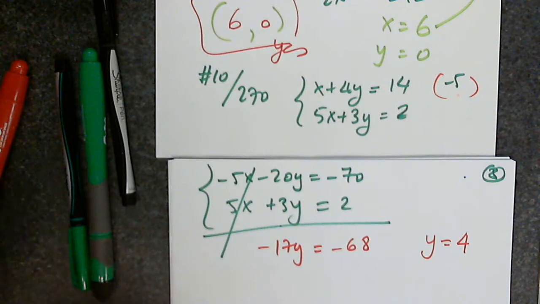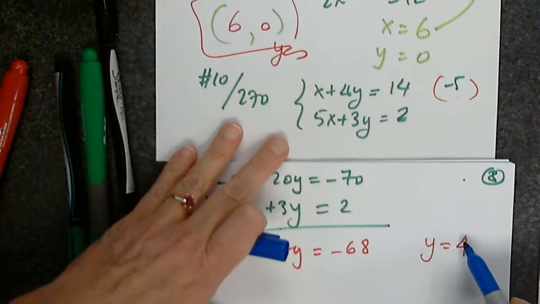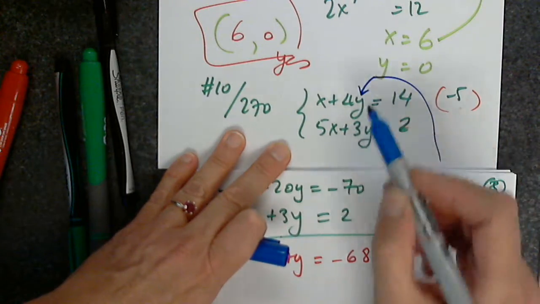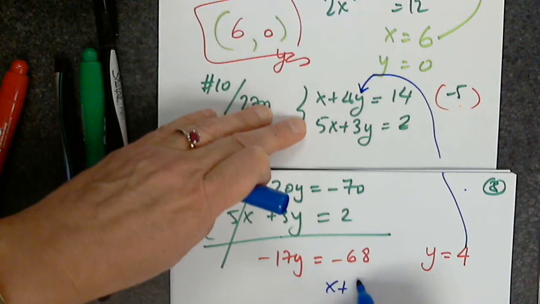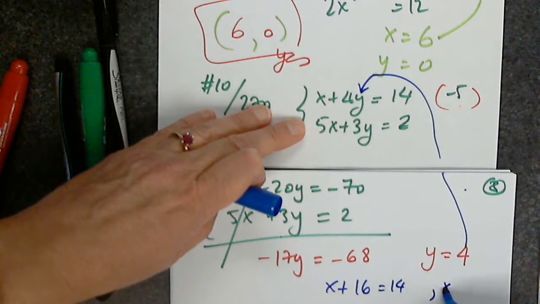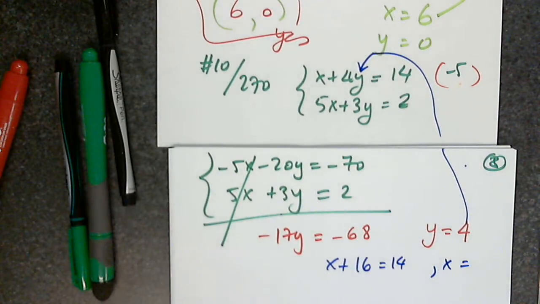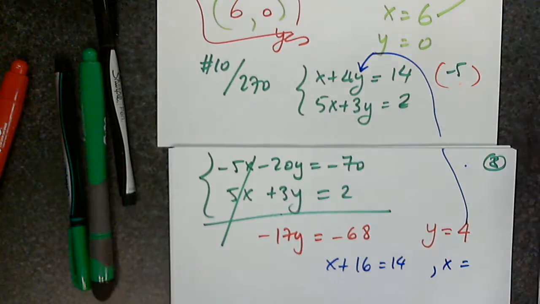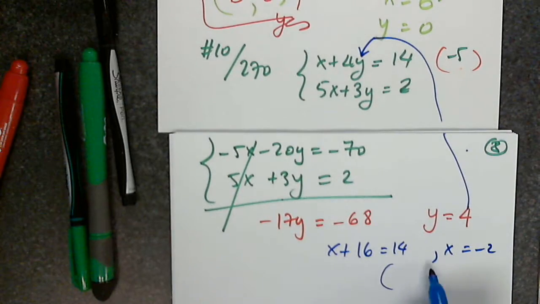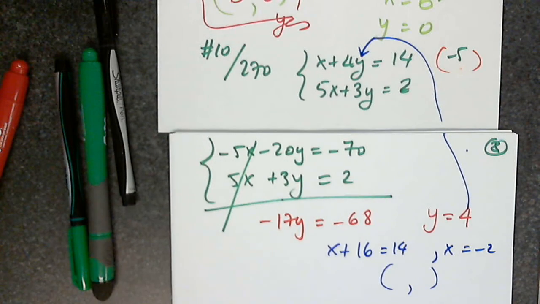Good. So let's go back. Doesn't matter where you want to go back. I would prefer going back here and say x plus 16 equals 14, which will give us y to be negative 2.